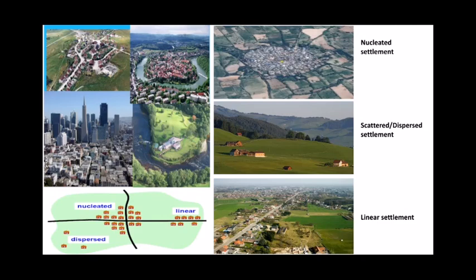Whereas scattered or dispersed settlements are of a kind where houses are built far away from each other. They are often the homes of farmers and can be found in rural areas. Like in villages, you all might have seen that the houses are far away from each other. So that is called a scattered or dispersed settlement.